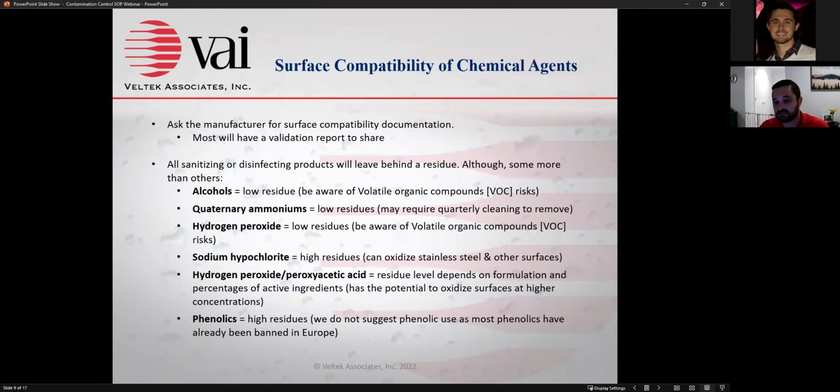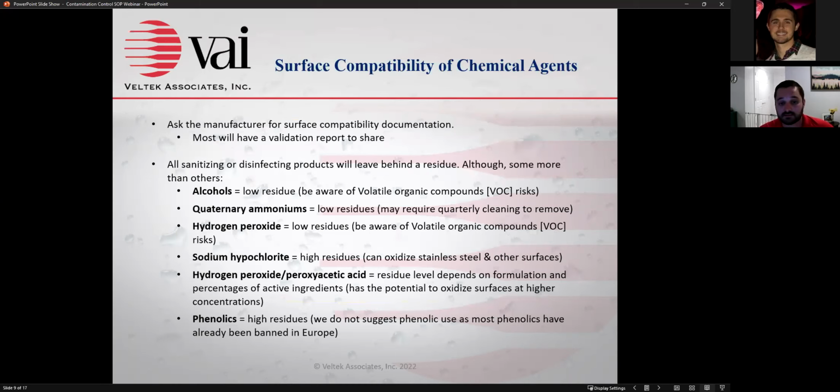If you start applying these on large surfaces like floors and walls, you have the potential risk of those evaporating, getting in the air, and creating some VOC risks. Quaternary ammoniums are very low in residues, but they still may require some quarterly cleaning to remove the residues from floors, walls, things like that. Not so much in the hood, because you are continuously applying alcohol in hoods, so you naturally get rid of residues by doing that.